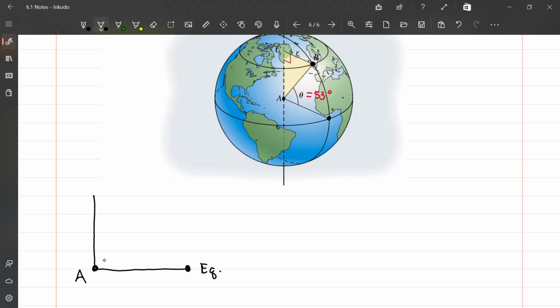Then I'm going to have the 53-degree angle line, which maybe is a little bit too big. 53 degrees ought to be something like this. 53 degrees, or in other words, theta in our picture. And then we have the point here, B, on the surface of the Earth, which also happens to be on our 53rd parallel of latitude. In our picture, this is the amount they call r, the radius of the 53rd parallel, and that's the thing we want to figure out.